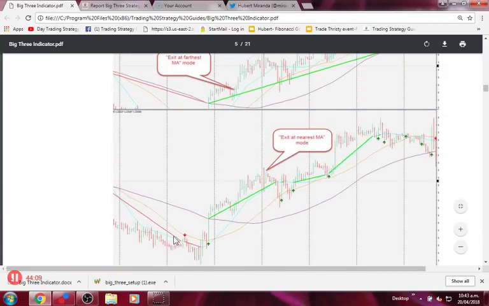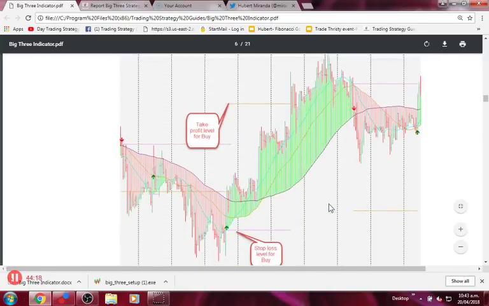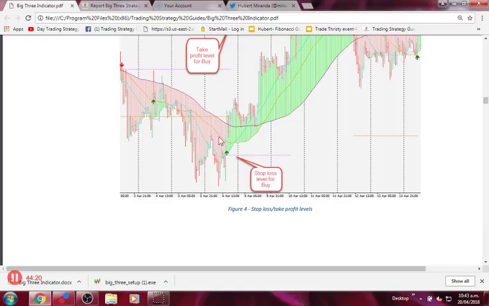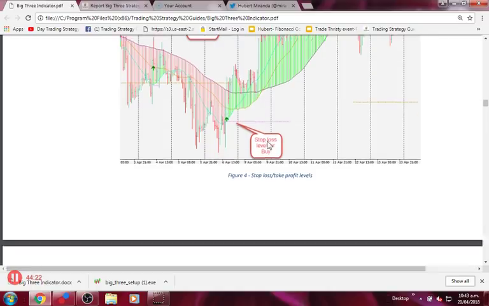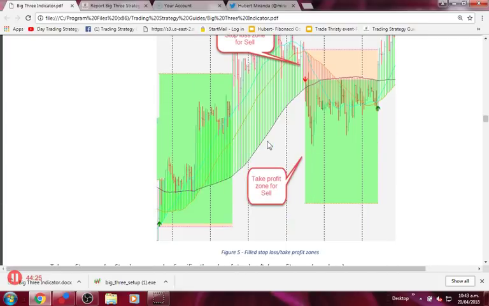So it tells you, okay, it's in downtrend mode. Here above the moving averages, it's in uptrend mode, and it shows you that like this. Here again, you got that same look.